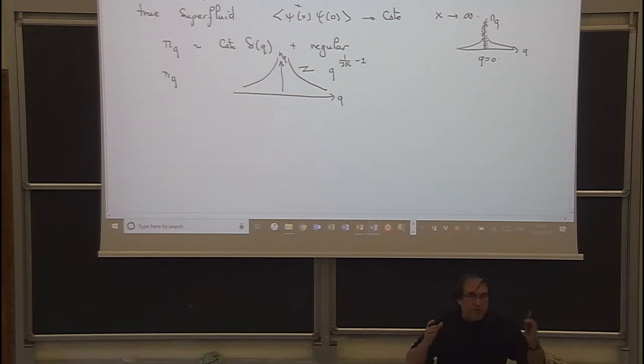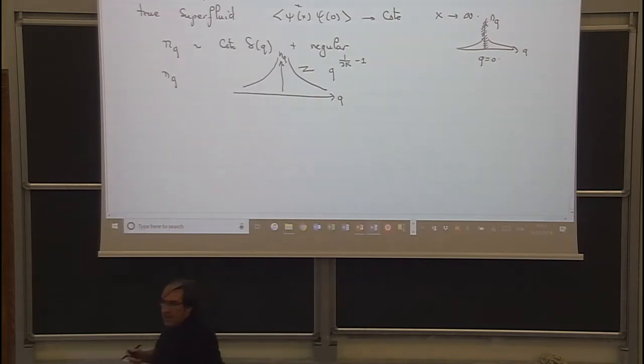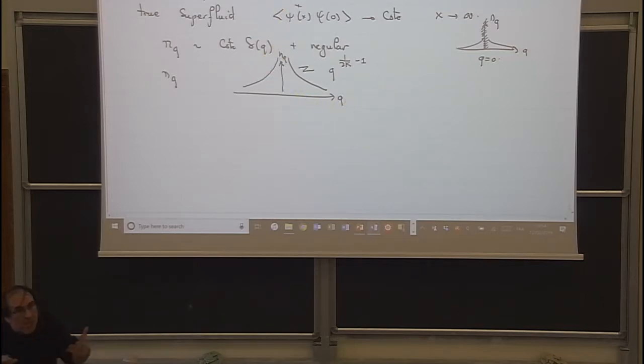It's divergent provided that k is larger than 1/2. Okay? So I can again say if I want to view this as a superfluid, I don't get the perfect delta function here, but I get something which is still divergent at Q equals 0 and which shows that my system would like to become superfluid, but it can't.